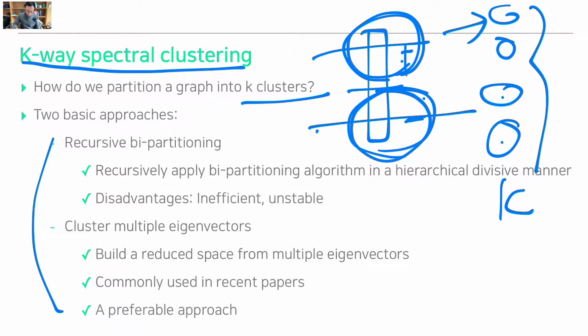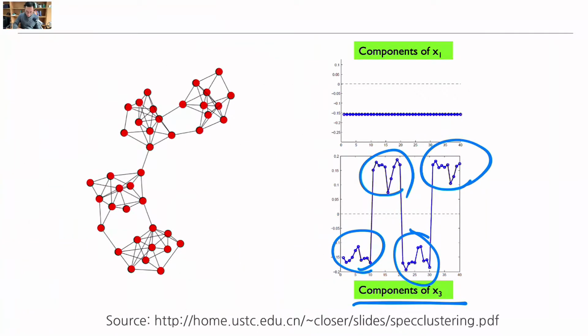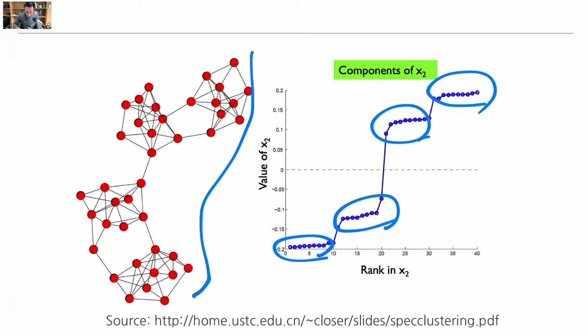Otherwise, we're just looking at the eigenvectors, and we just run the k-means, and we can get the K number of clusters. So from my observation, for example, at the second smallest eigenvector, we get these partitions.